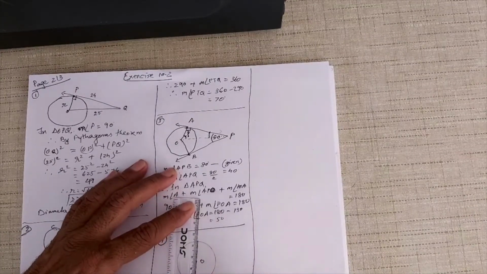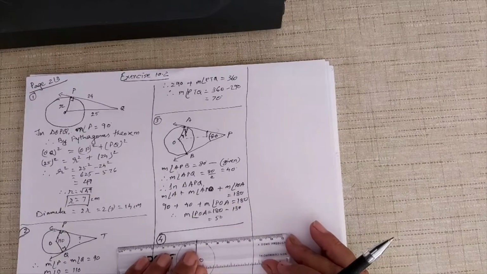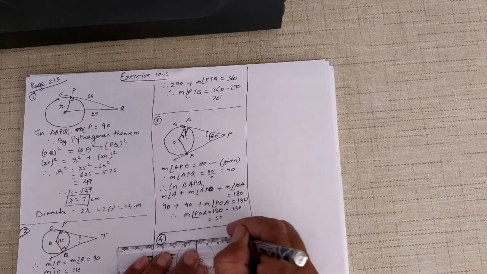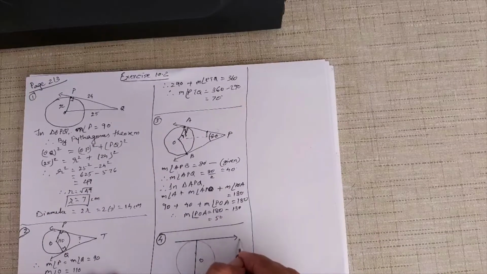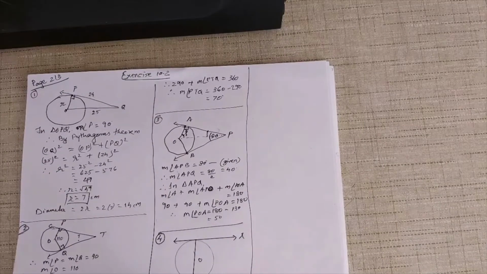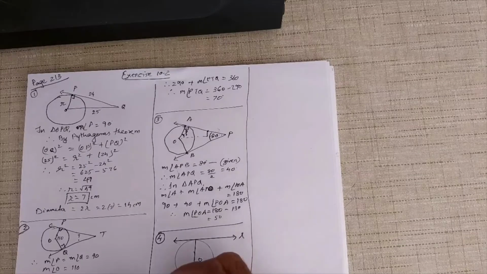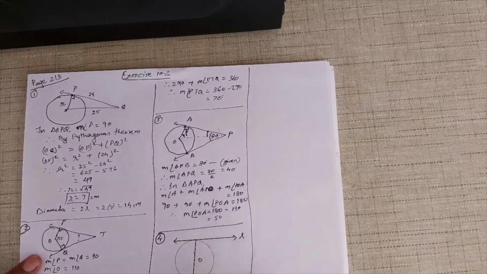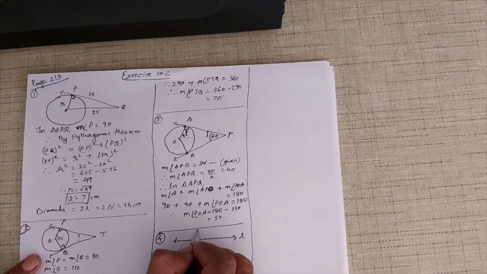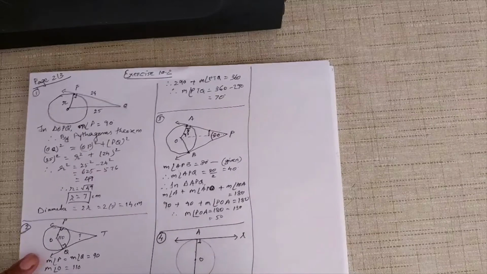Let us suppose this is your diameter and the tangents are drawn at its ends. Let us call them line L and line M. So these two are tangents. This is your point A and this is your point B. This is the center of the circle.